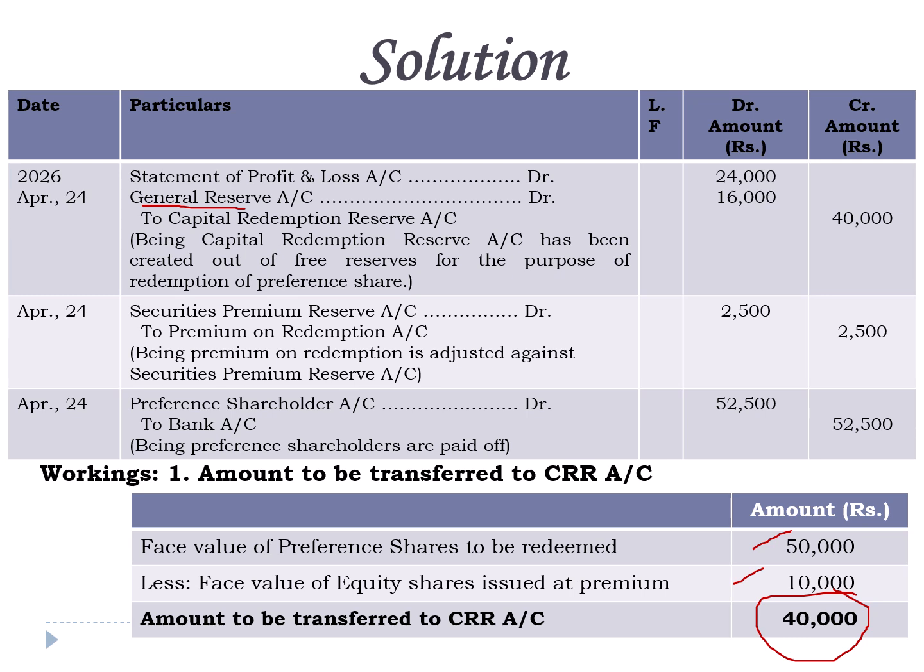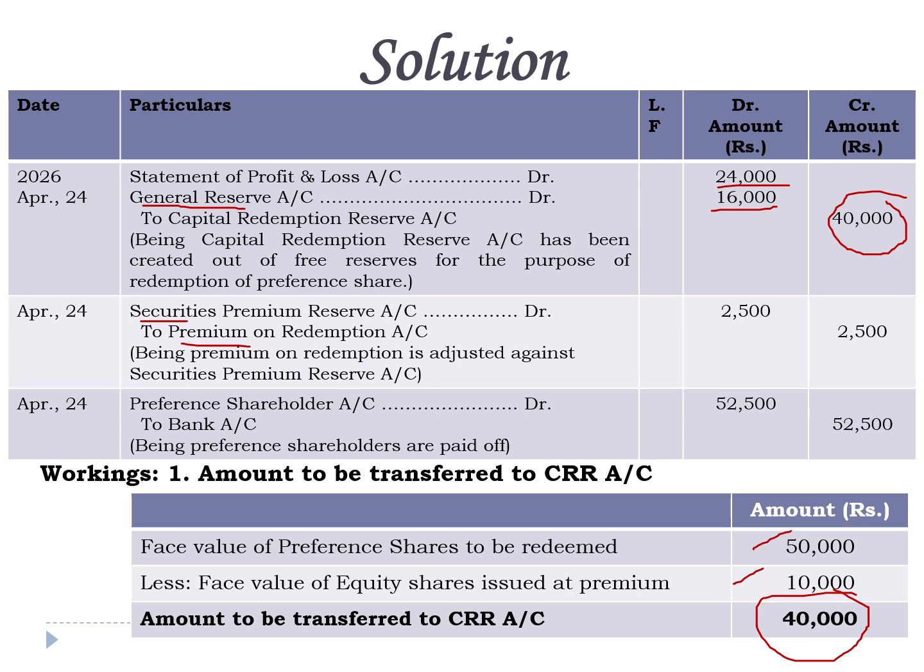So profit and loss account debit 24,000, general reserve account debit 16,000, to CRR account, that is capital redemption reserve, 40,000. Finally, the premium on redemption will be adjusted against securities premium reserve: securities premium reserve account debit to premium on redemption account. And finally, the preference shareholders will be paid off: preference shareholder account debit to bank account. So that will be the part of our journal entries.